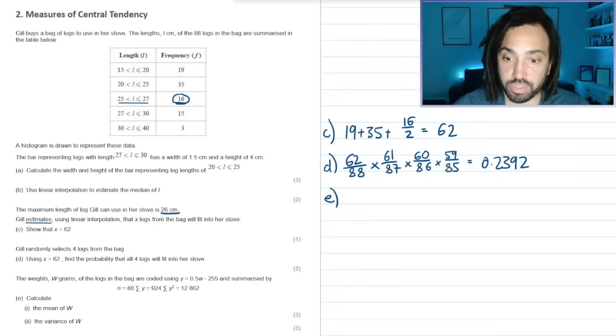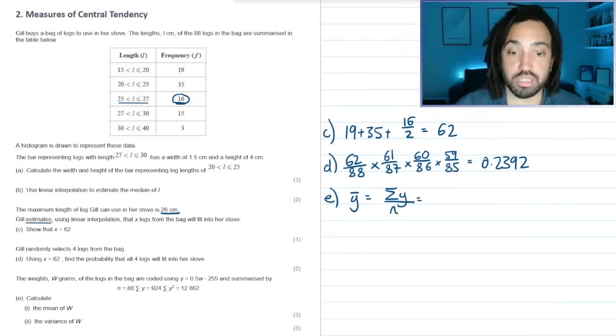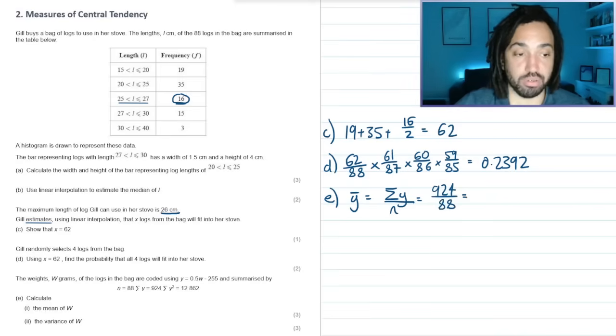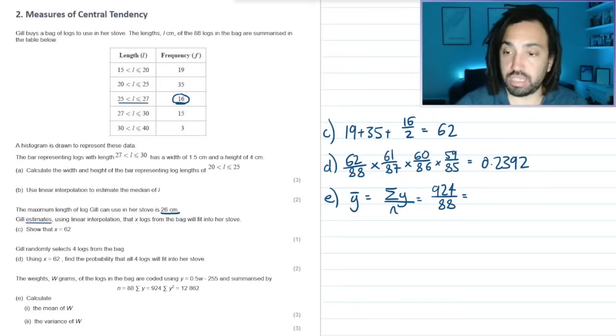Okay, so what we're going to do first is calculate the mean of y, so y bar. So the coded data we're going to use, and the mean is equal to the sum of the y values over the number of values. So the sum is 924, and that's over 88, and that's going to give me a value of 10.5.